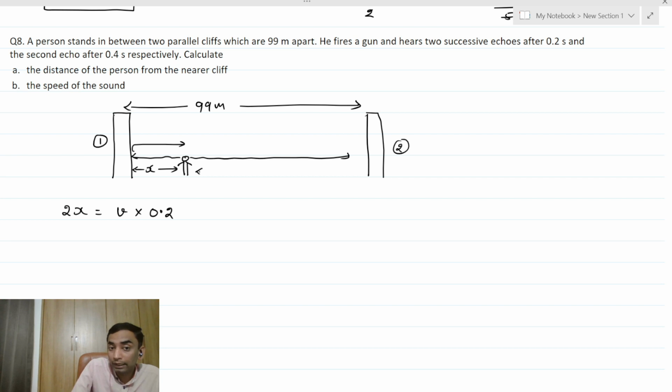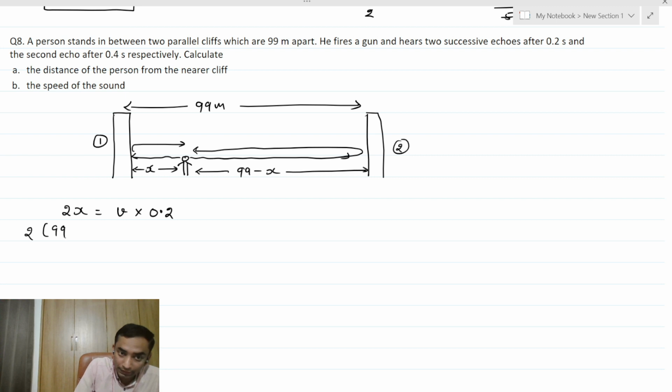Now the other distance is 99 minus x, because the total distance is 99. So here the sound wave would travel 99 minus x forward and again 99 minus x backward. So again twice the 99 minus x is equal to the same speed, because the speed of sound does not change, multiplied by 0.4 seconds.